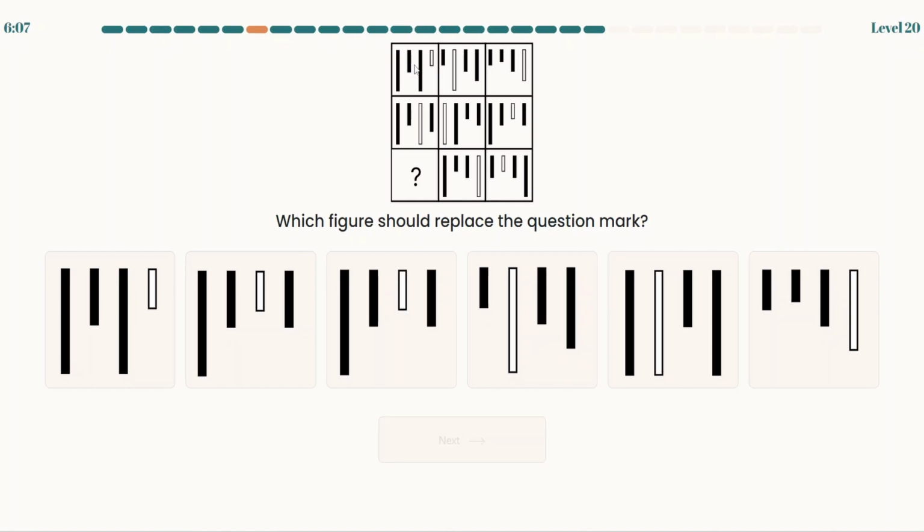I don't know what to expect here. It seems like these three are conserved.